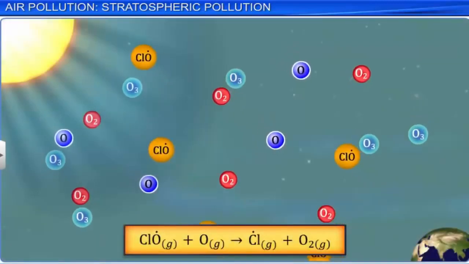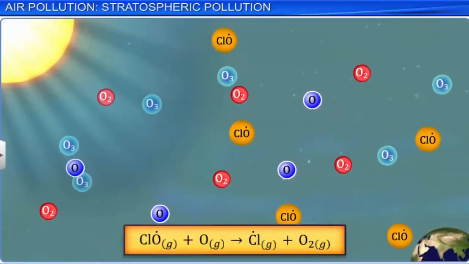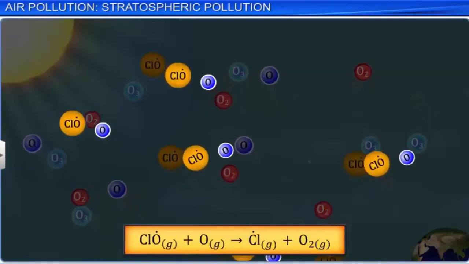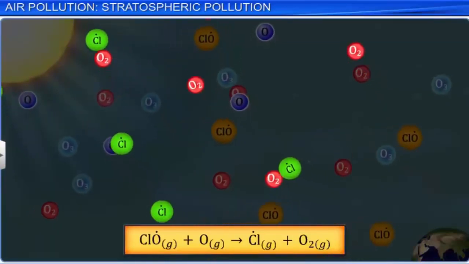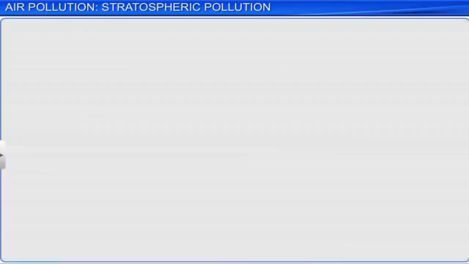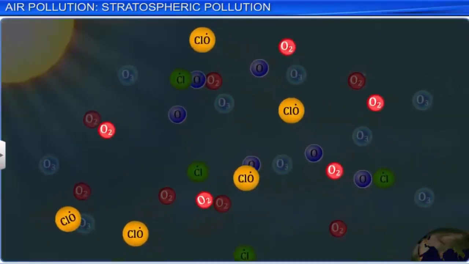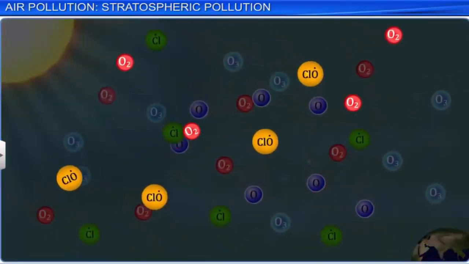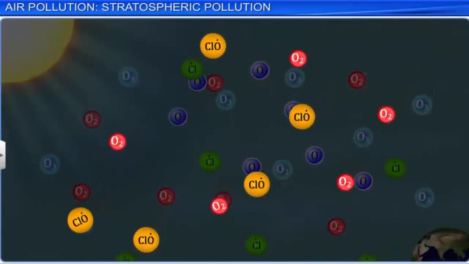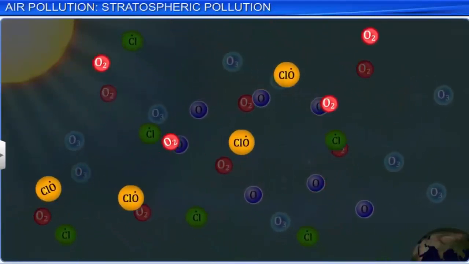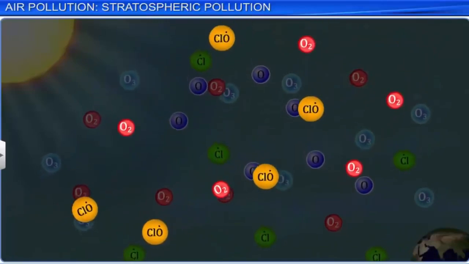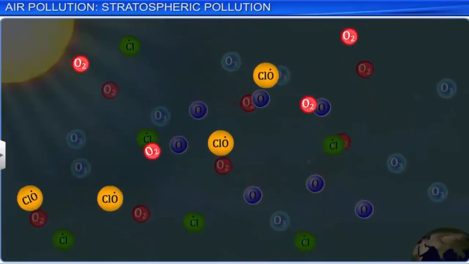The chlorine monoxide radicals form even more chlorine radicals by reacting with nascent oxygen. Thus, the chlorine radicals are constantly regenerated and they keep reacting with the ozone to form chlorine monoxide. Thus, ozone gets depleted in the stratosphere.